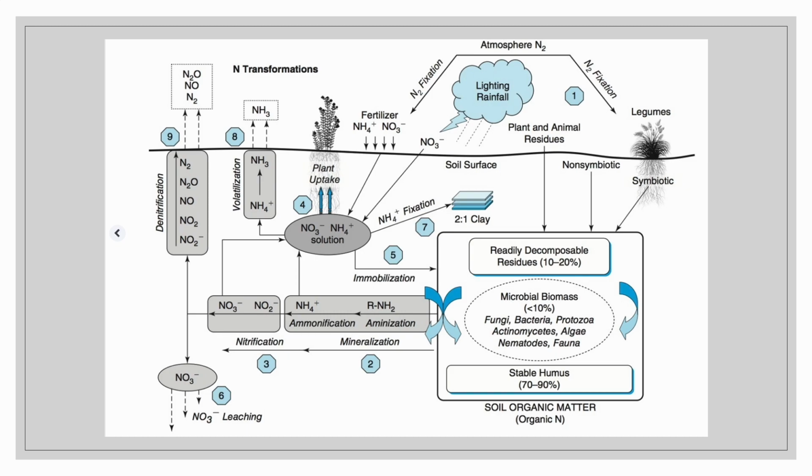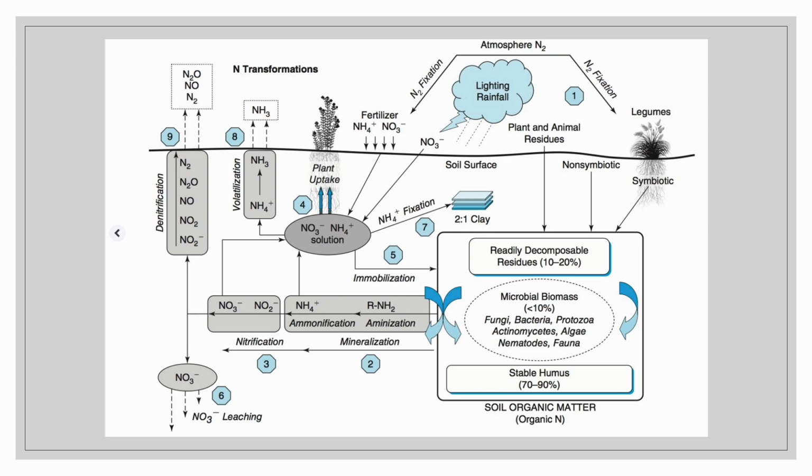These changes sometimes can happen almost all at the same time or very close to one another. Like we could have volatilization and nitrification at the same time. We can have plant uptake and immobilization occurring, mineralization and nitrification both occurring at the same time.